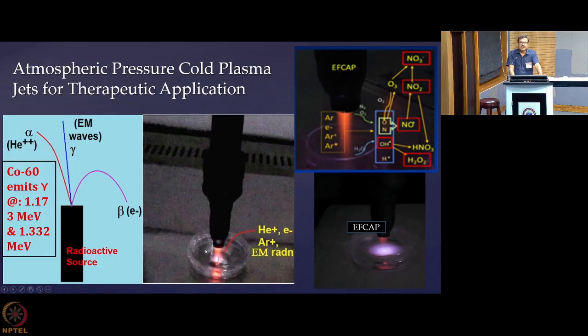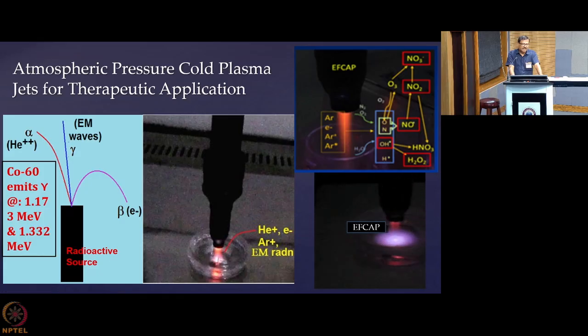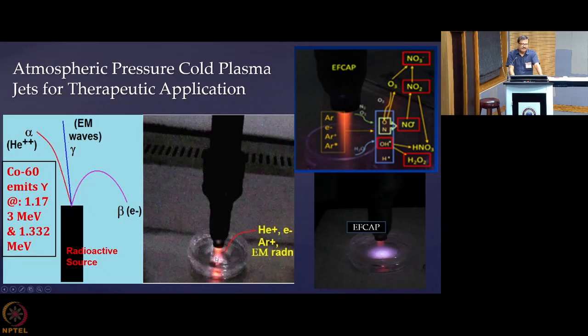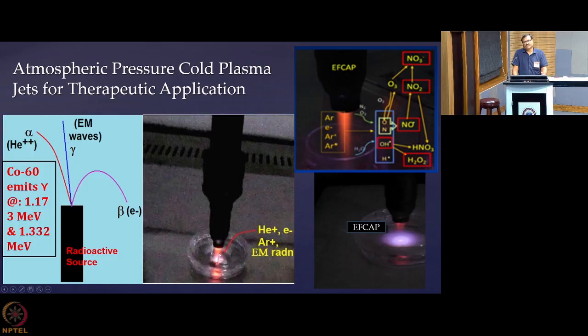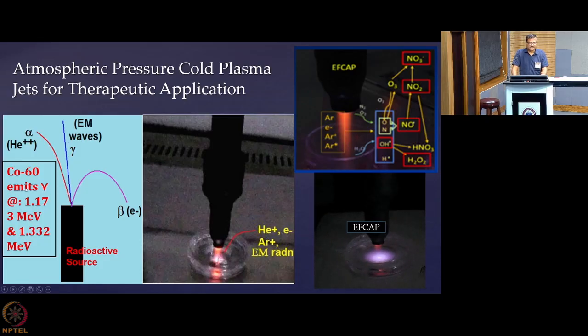So that is nothing but the electromagnetic radiation. So basically you are capable of producing all the particles which are generated in a radioactive source, but the energy range is way different. For example, here you are generating the ions mostly at your room temperature. Here it is in the MeV range.